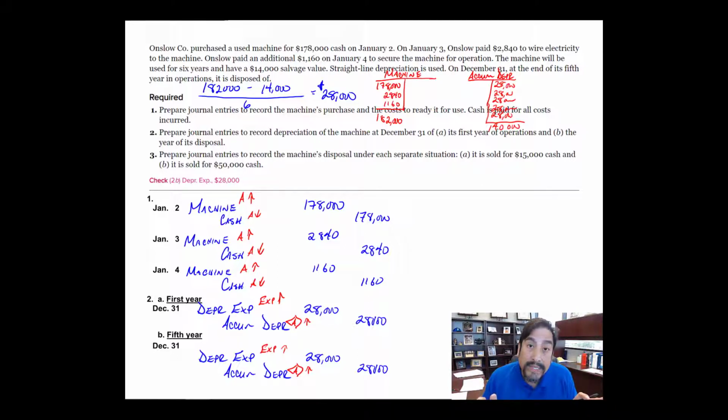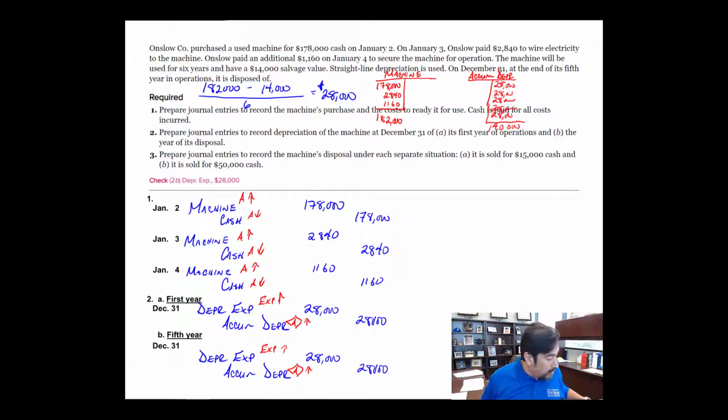Now I wanted to write those T accounts because we got rid of the asset. And when we get rid of an asset, we always have to wipe out the asset account, the machine account, and also we have to wipe out the associated accumulated depreciation account. So I wanted to know what the totals were in those two T accounts.